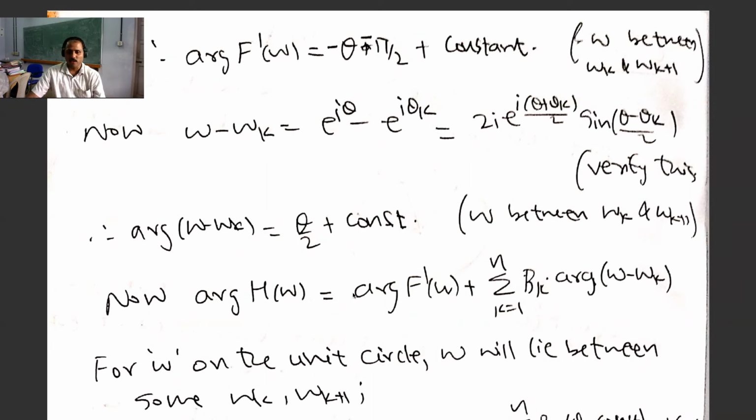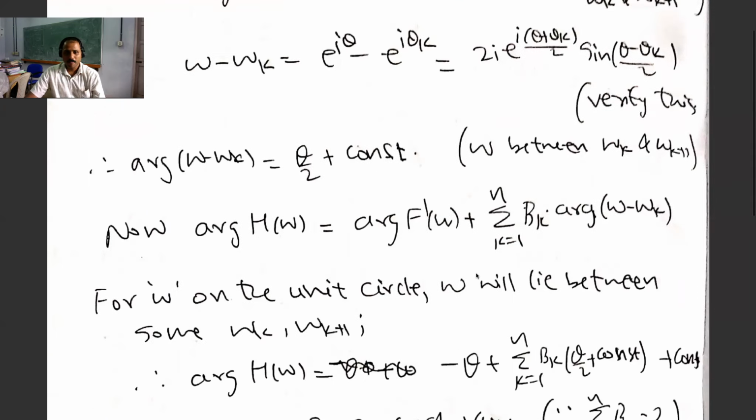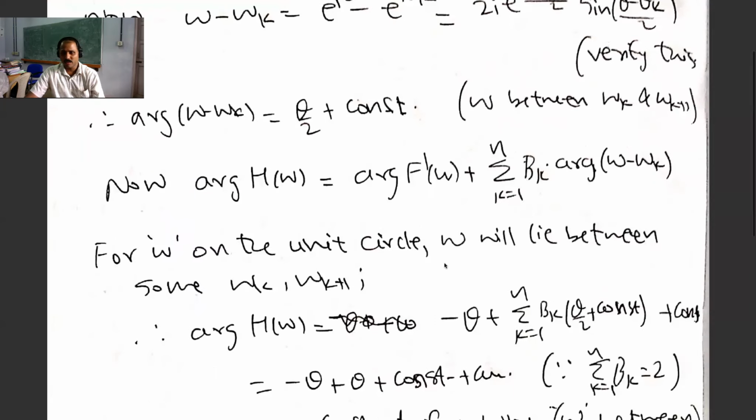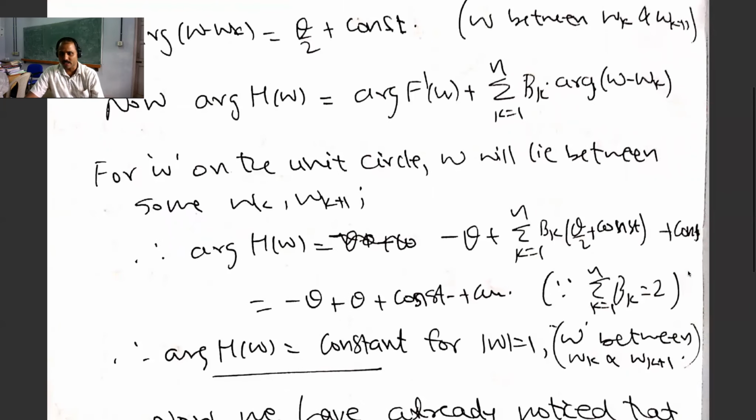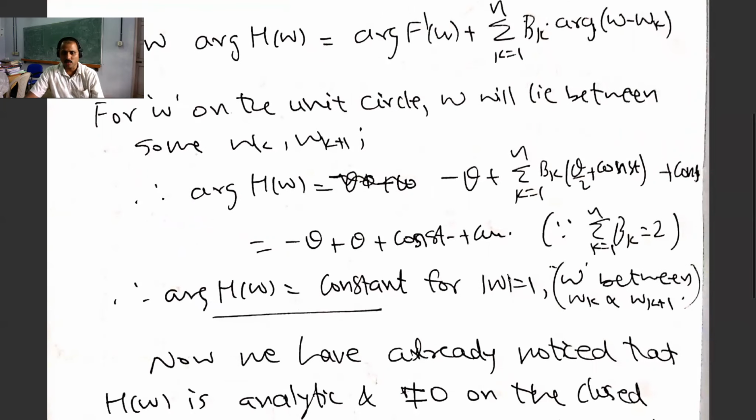Therefore, the argument of h of omega is the argument of f dash omega plus the sum of these arguments. With this simple computation and using the fact that the summation of beta k equals 2, you obtain that the argument of h of omega is a constant for mod omega equal to 1. It is constant between omega k and omega k plus 1, but by continuity of argument it is constant everywhere on the unit circle.